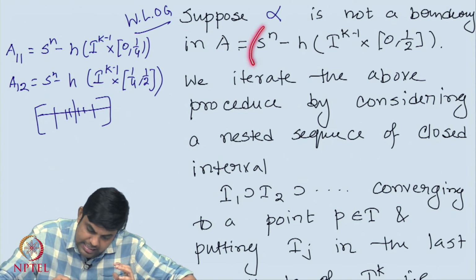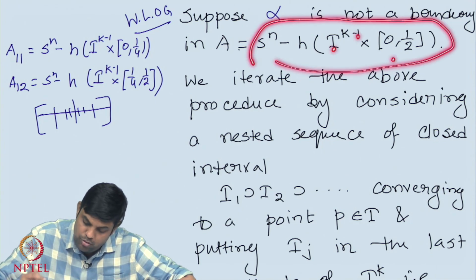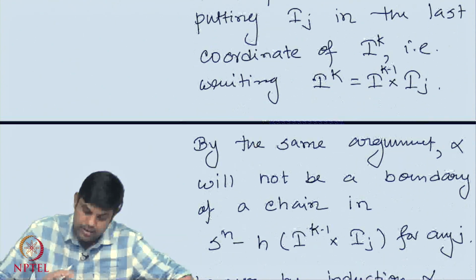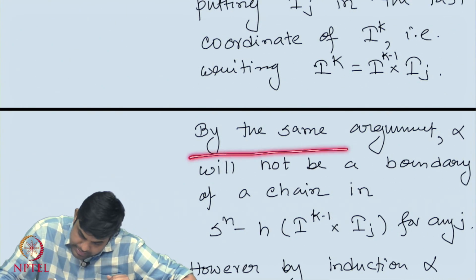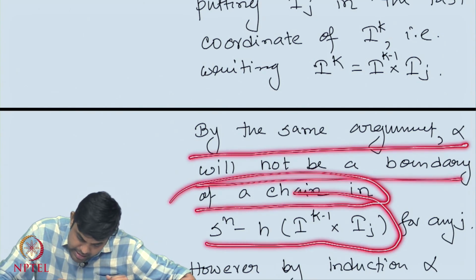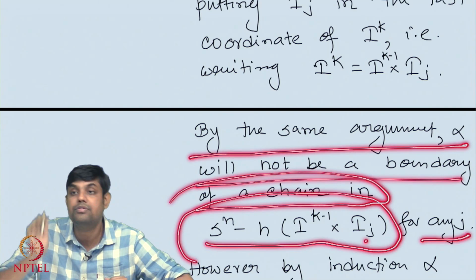Alpha is not a boundary in S^n minus h of I_{k-1} cross I_j for all j. The same argument: alpha will not be a boundary of a chain in S^n minus h of I_{k-1} cross I_j for every j.